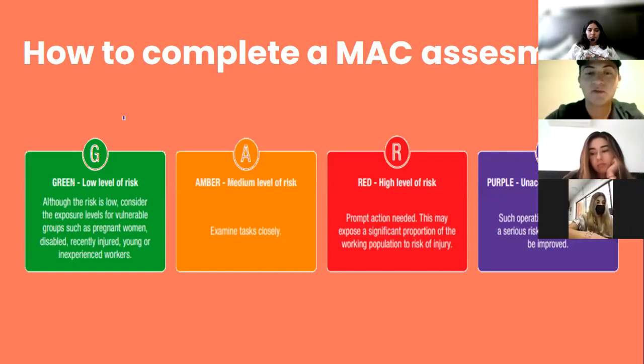Then the red one means high level of risk and that prompt action is needed. This may expose a significant proportion of the working population to risk of injury. The last one is purple, which says there is an unacceptable level of risk. Such operations may represent a serious risk of injury and must be improved.